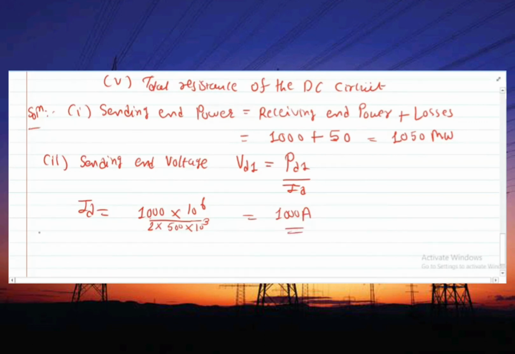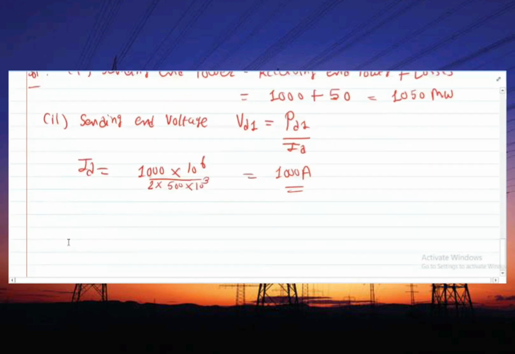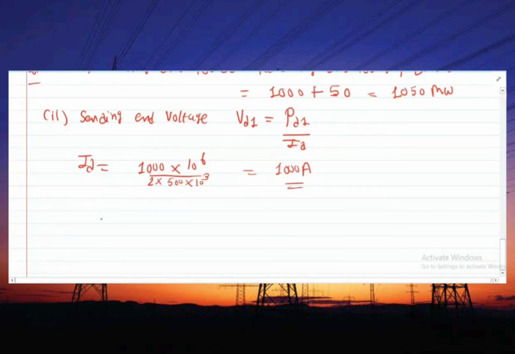So by putting in the value of DC current and the sending end power, you can calculate the sending end voltage. VD1 is equal to the sending end power, 1050 megawatt, so 1050 into 10 to the 6 divided by the current, 1000. So you will get the voltage, 1050 kV.